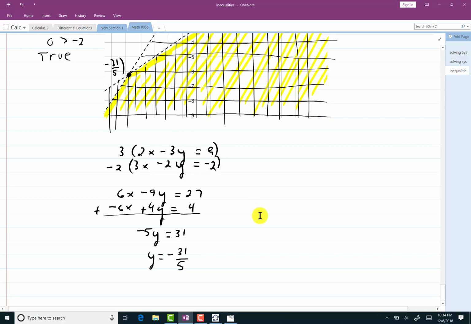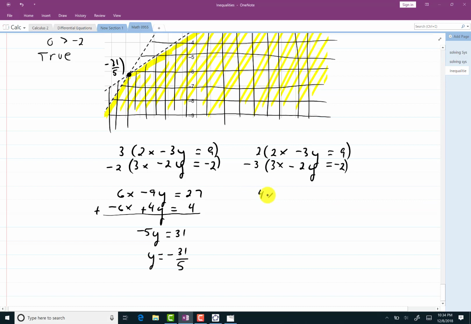Now for the x value, let me get my equations again. This time I'll multiply the first equation by a positive 2. That'll give me a negative 6y, and then the second equation by a negative 3. That way it'll give me a positive 6y in the second equation.